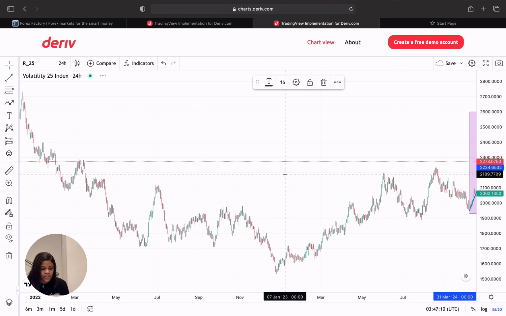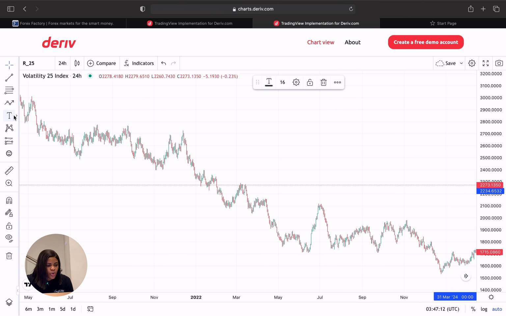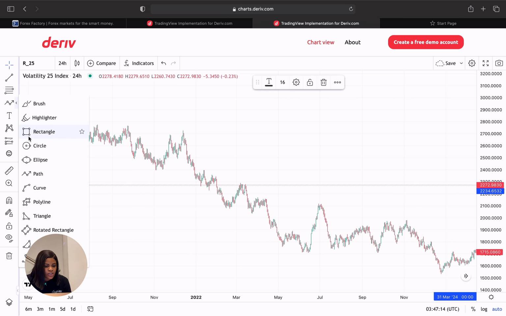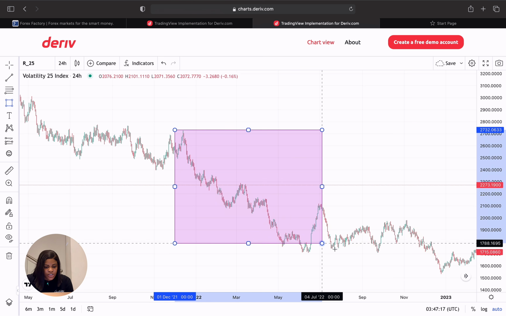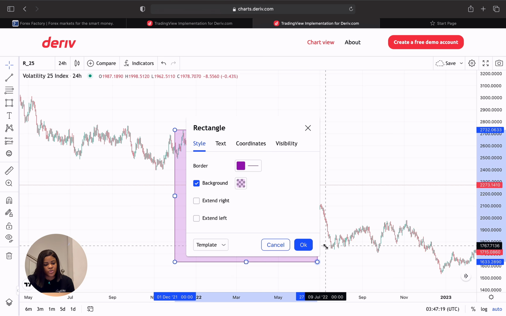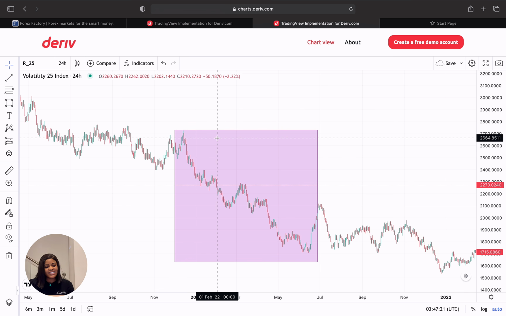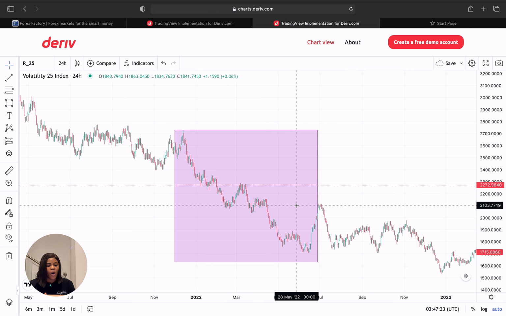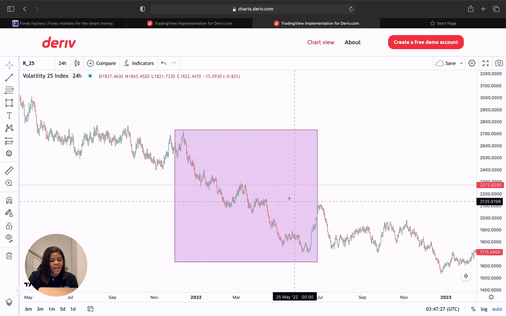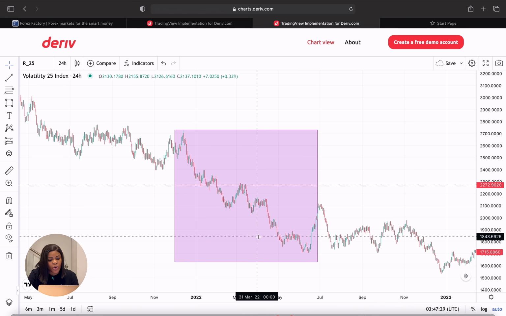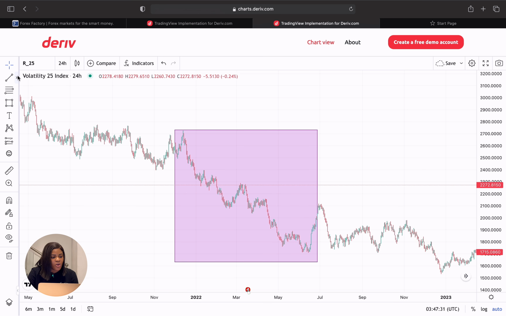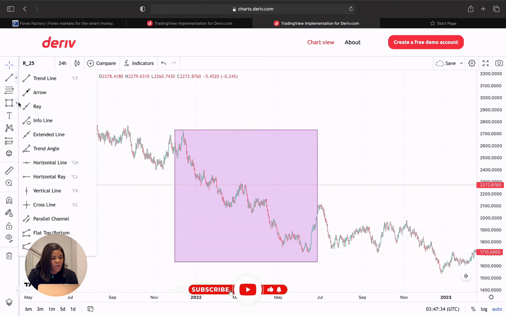Looking at this, what would you call this highlighted structure? You can obviously see that this is a downtrend structure. Why is it a downtrend structure? Because the market is creating a series of lower highs and lower lows.